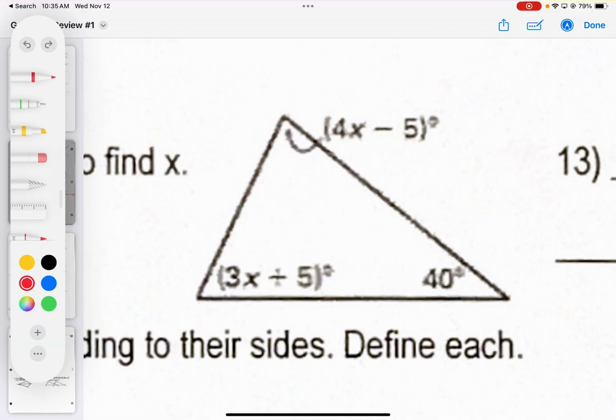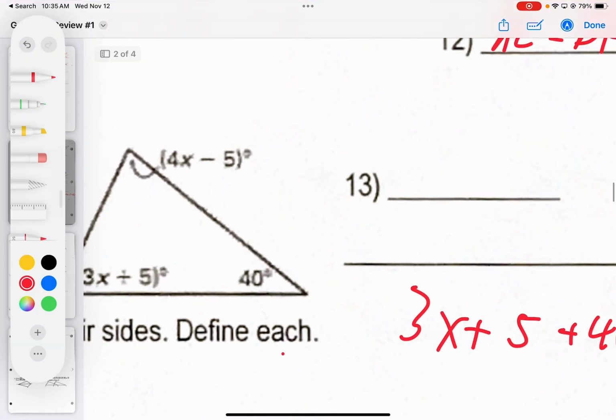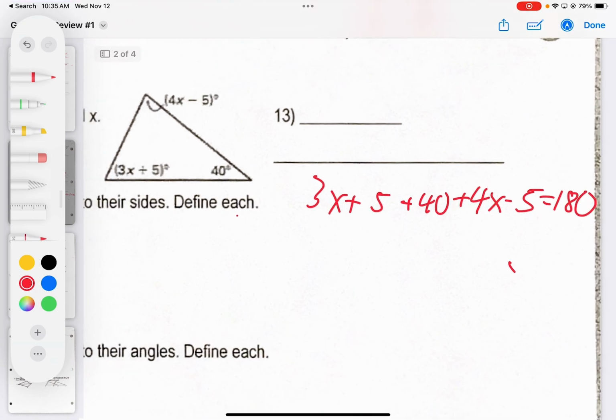Either way, combining like terms. So then 7x plus 40 equals 180. Subtract 40, 7x equals 140. Divide by 7, and you should get that x is equal to 20.